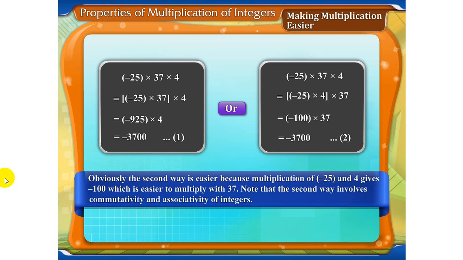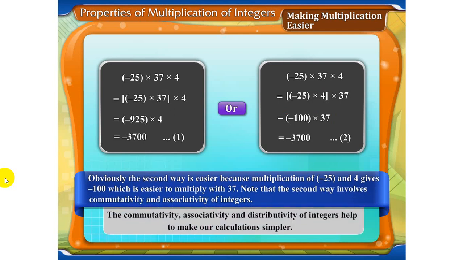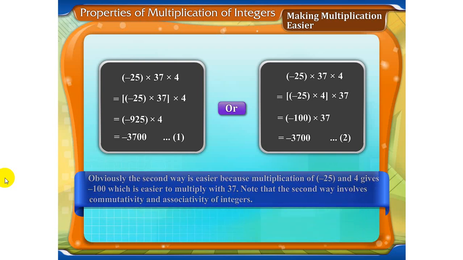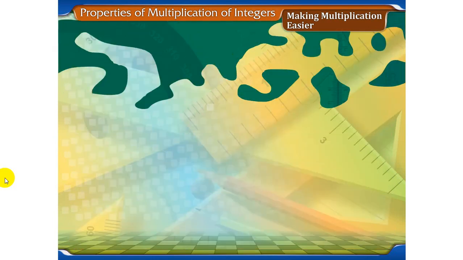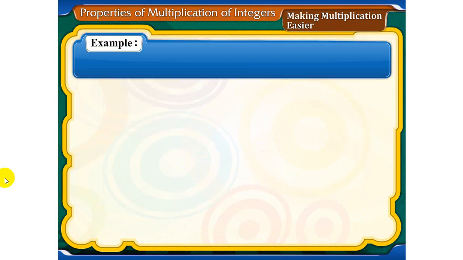So, we find that the commutativity, associativity, and distributivity of integers help to make our calculations simpler. Now let us further see how calculations can be made easier using these properties. Example.